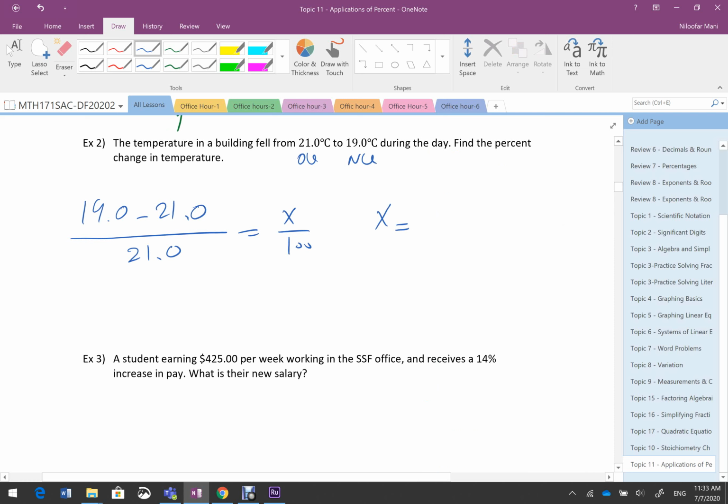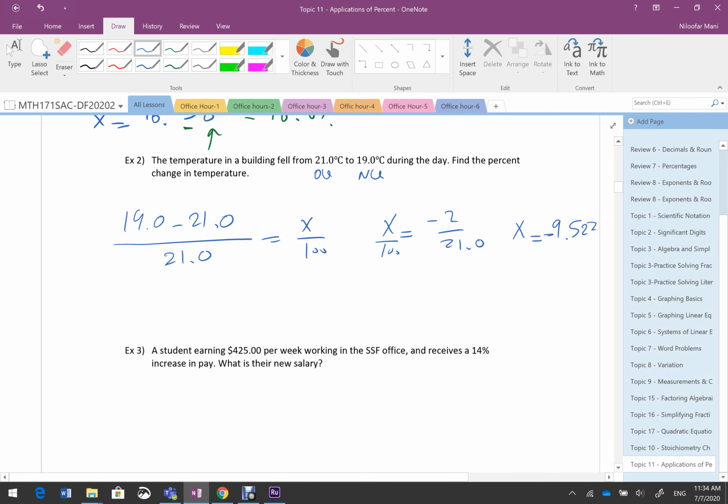So x over 100 is minus 2 over 21, and x is minus 9.5223, almost minus 9.52%. So I can say the percent change is 9.52%, and the negative shows that it decreases. I had a decrease.